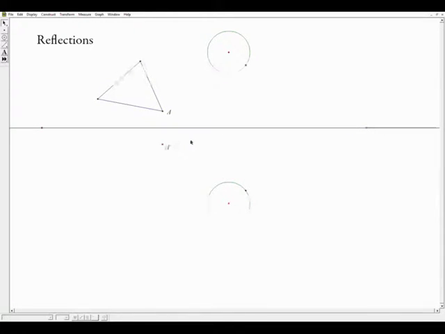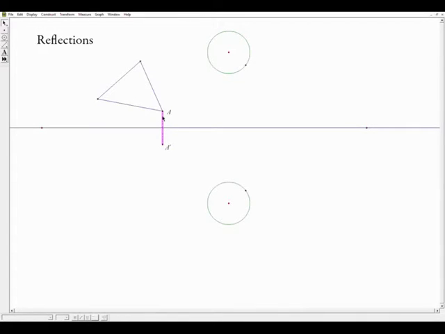Another way to think about this is if we were to connect the original point and its image. Let me make this a dotted line. Since the mirror line is horizontal, this will be vertical, perpendicular to the mirror line, and the mirror line divides this exactly in half.